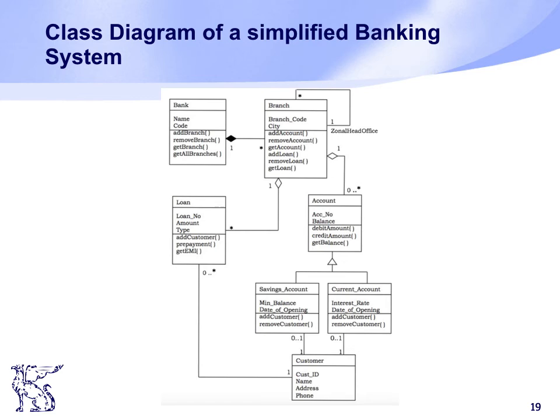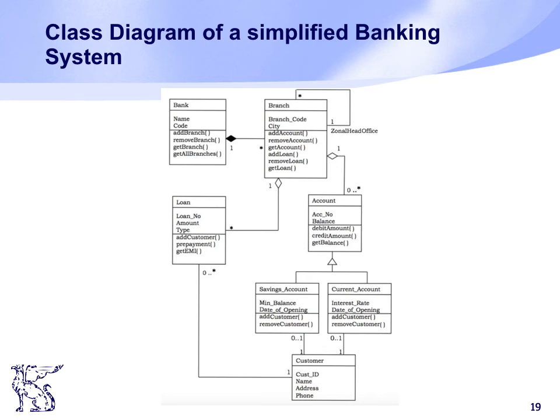So this figure is showing the class diagram of the system. What will be the classes in the banking system? We already have discussed that we will have a bank. That's a class. We will have different branches, so branch will be a class. We could have different accounts, so account will be a class.